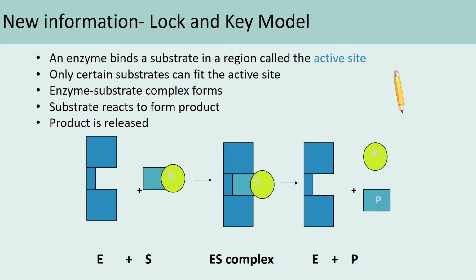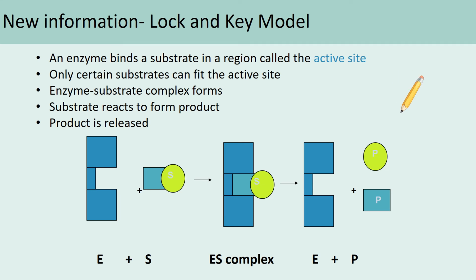So you can see on here, we've got a picture of an enzyme, which has got the letter E underneath it, obviously standing for enzyme. And then we have got a molecule, which has got S underneath it, and that is the substrate. So the enzyme and the substrate come together and they form something called an enzyme-substrate complex.